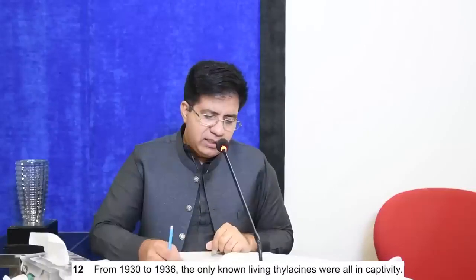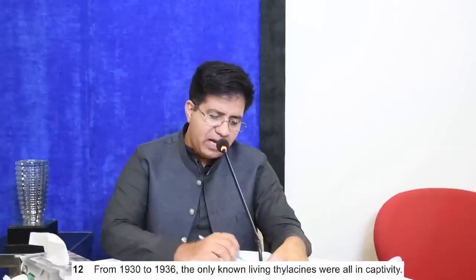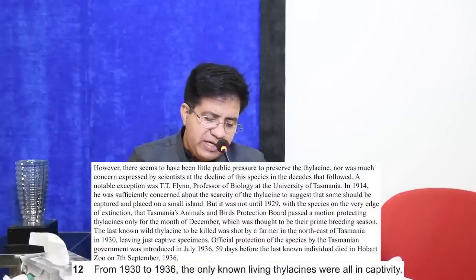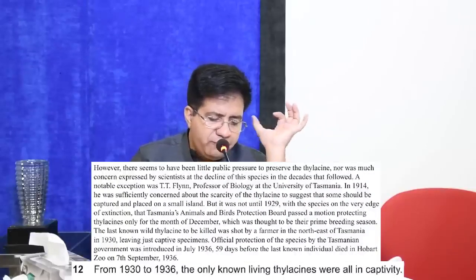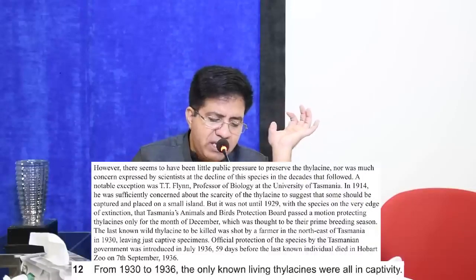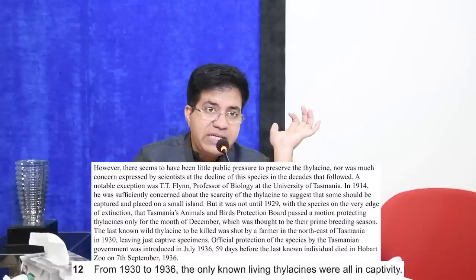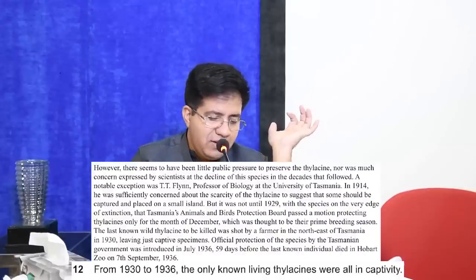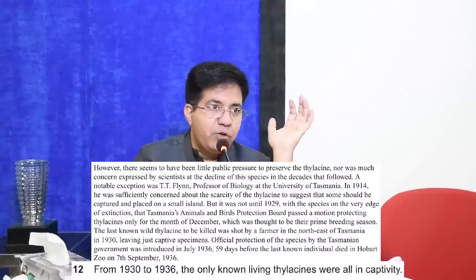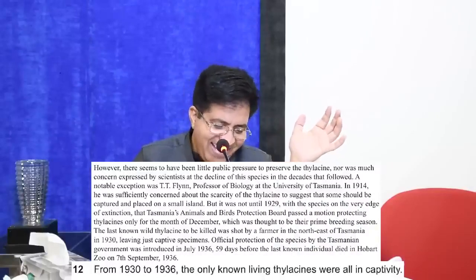Let's go back. Same paragraph, and you see the word 1930. I'm reading it from the fourth last line. The last known wild thylacine to be killed was shot by a farmer in the northeast of Tasmania. What does it mean? The farmer killed it. Okay. All right.